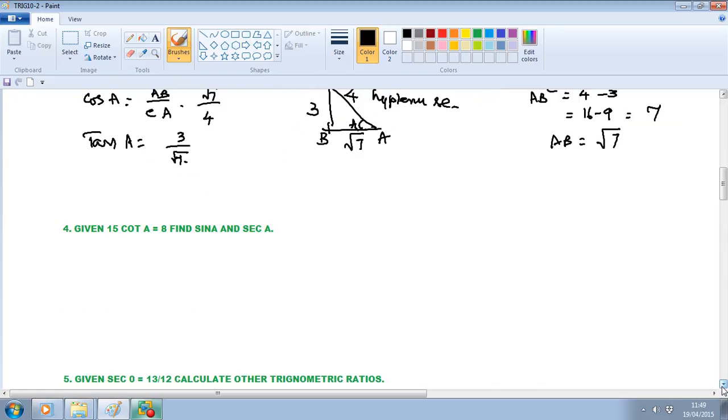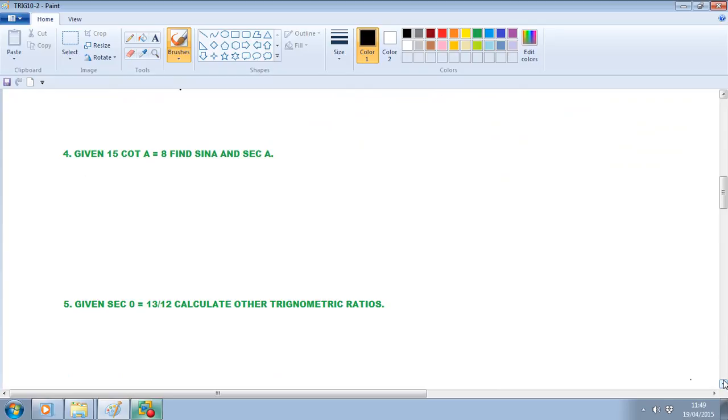We will take problem number 4. Given 15 cot A is equal to 8, find sin A and secant A. So we can rewrite this as cot A is equal to 8 by 15, dividing both sides by 15. Shall we draw the diagram?